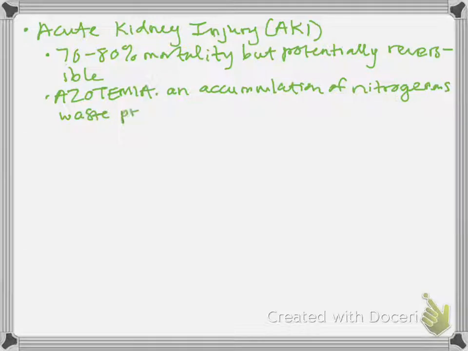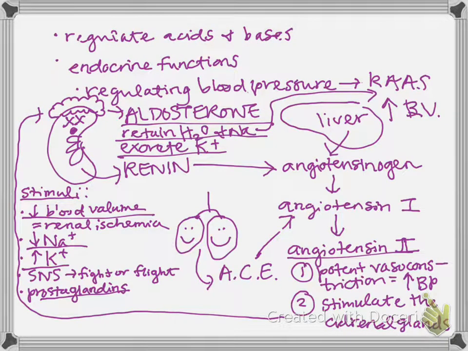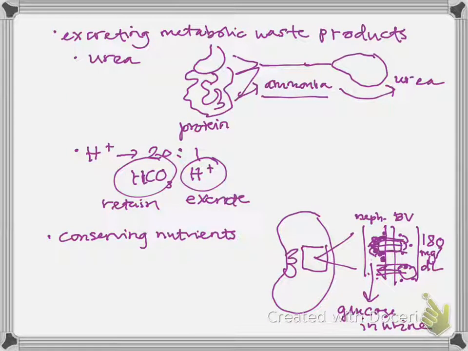And I mentioned when we were talking about the functions of the kidneys that we have waste products when it comes to protein metabolism. So when I'm talking about nitrogenous waste products, I'm talking about blood urea nitrogen. Remember from the previous slide that protein in the body results in a release of ammonia, which your liver is responsible for processing into urea. And then I said that the kidneys are responsible for excreting this urea.